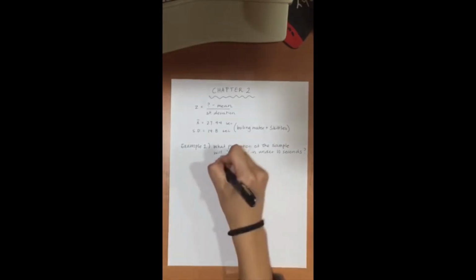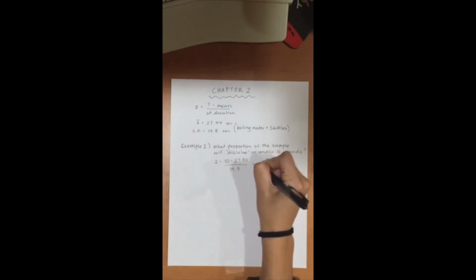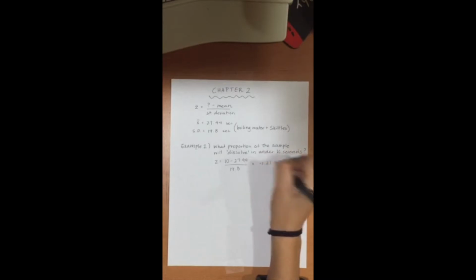So the first example is what proportion of the sample will dissolve in under 10 seconds. First you find the z-score, and you get negative 1.21.